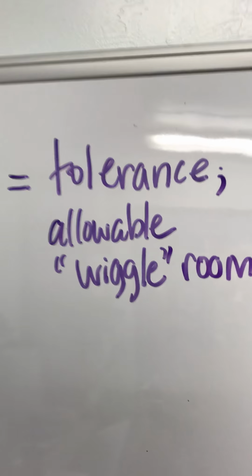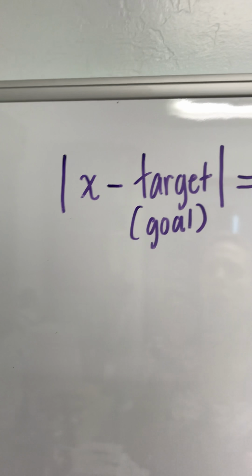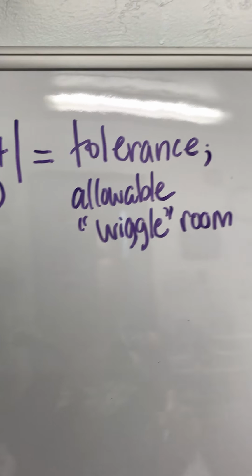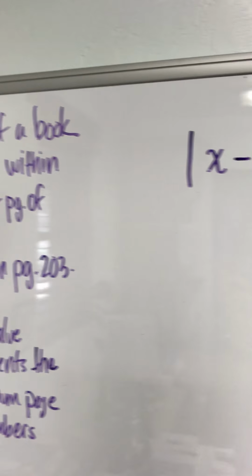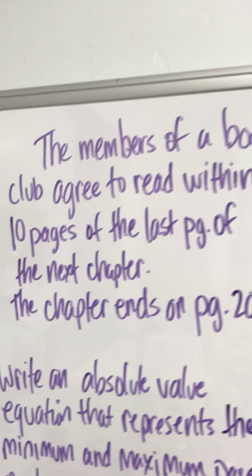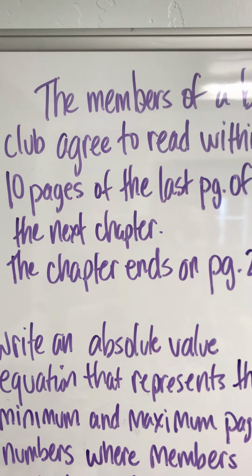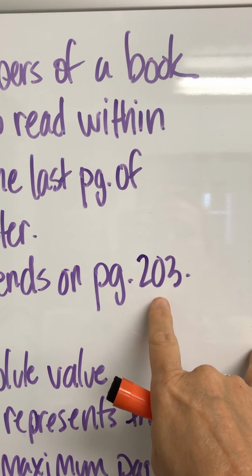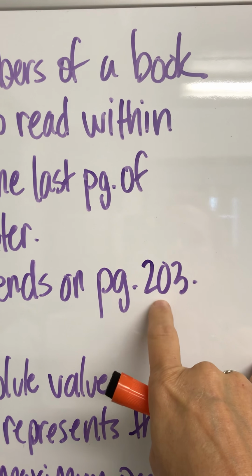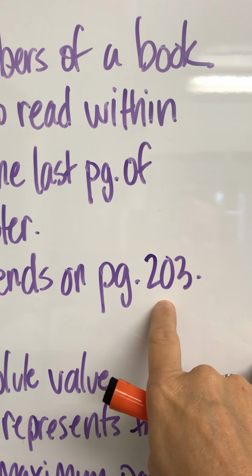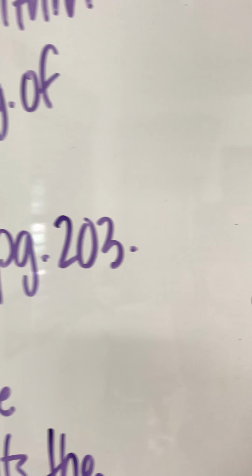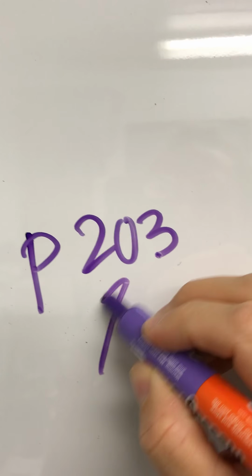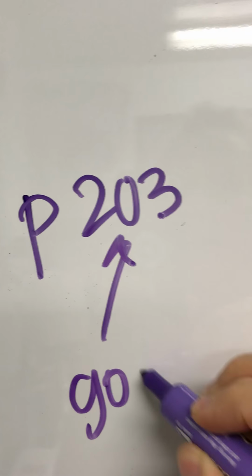that represents that situation. All right, so we're going to subtract the target and we're going to make it equal to the tolerance. So in this situation, the members agree to read within 10 pages of the last page of the next chapter. And the target here, the last page of the next chapter, is page 203. So that, page 203, that's the goal, right?